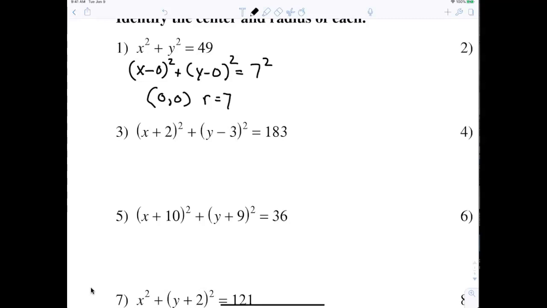It looks like the pattern. Well, no, it's not, and the reason why I'm saying that is because we're actually talking about graphing. So the x corresponds to the x-axis, and y corresponds to the y-axis.